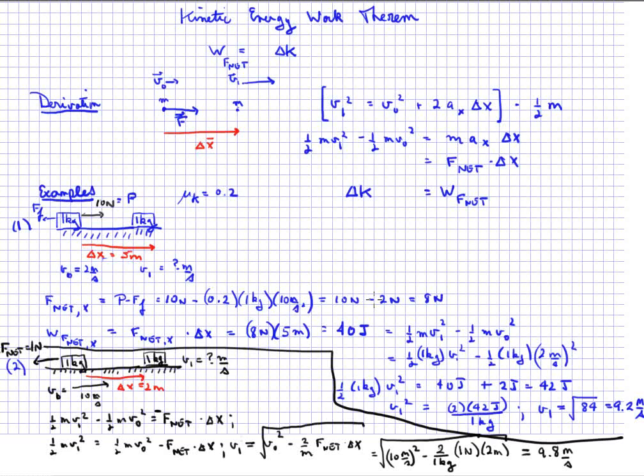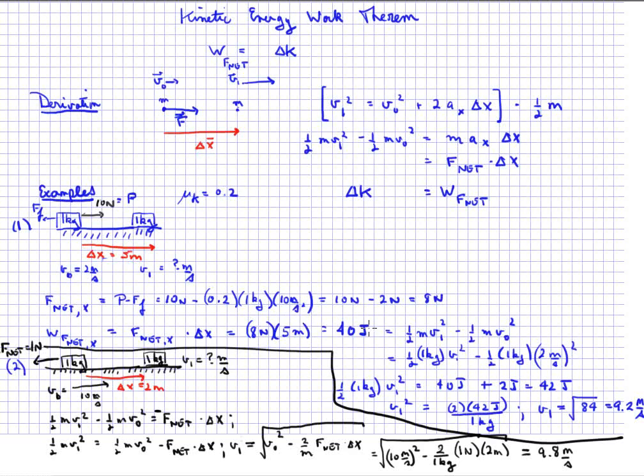In other words, 10 minus 2 newtons. The net force is 8 newtons to the right. And the work done by that force in a displacement of 5 meters to the right is simply going to be this 8 newtons times the 5 meter displacement. There's a 0-degree angle between those two, and so implicitly I'm putting that into the calculation here. The cosine of 0 is 1. So 40 joules of work are done by the net force.